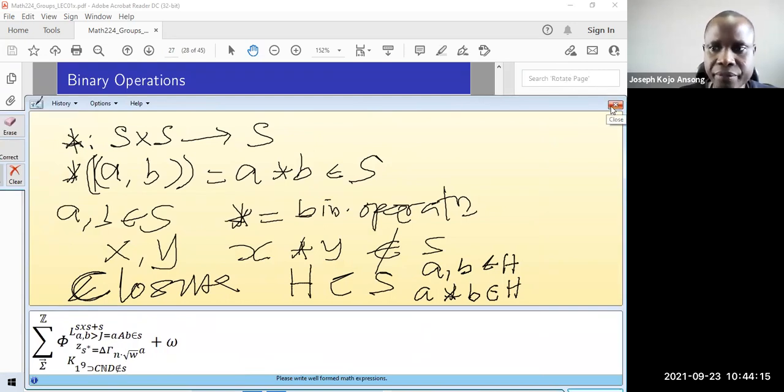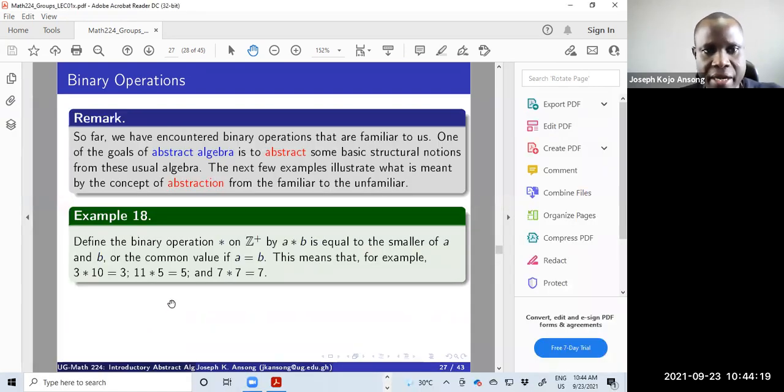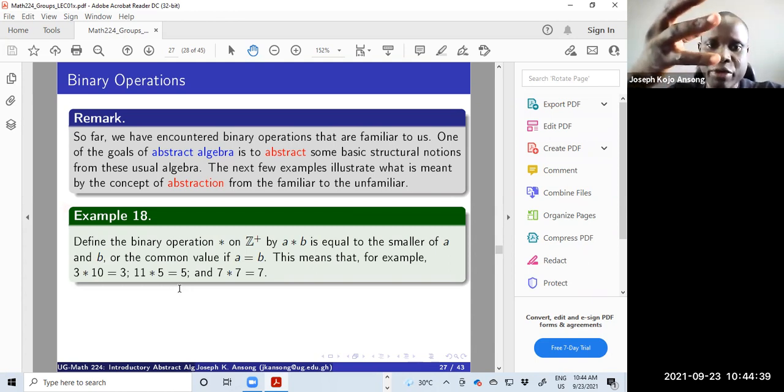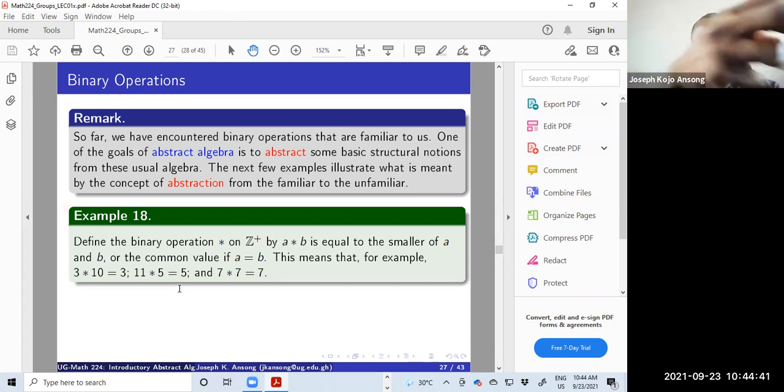Now, so far we've encountered binary operations that are familiar to us, like addition, multiplication, and so on. But the goal of abstract algebra is to abstract some of the basic structural notions from these usual elementary algebraic operations. We want to extend them, we want to generalize them.